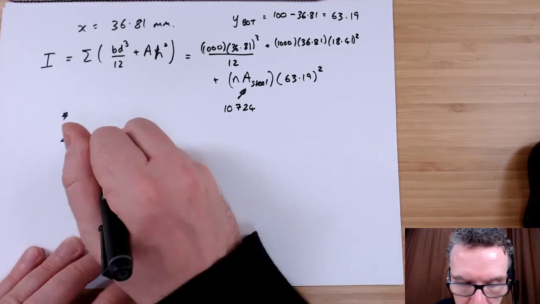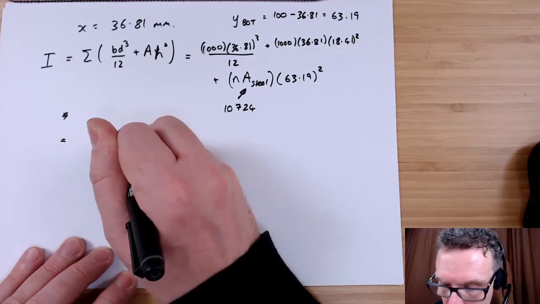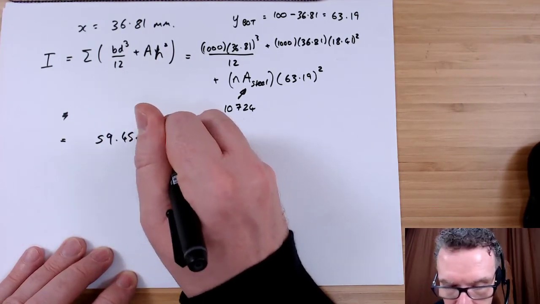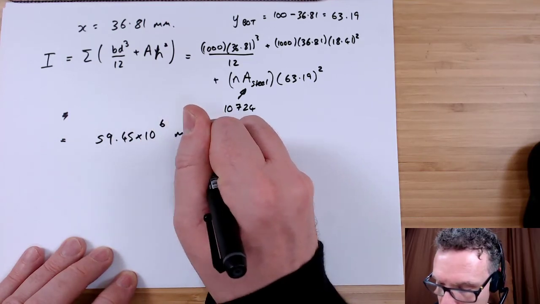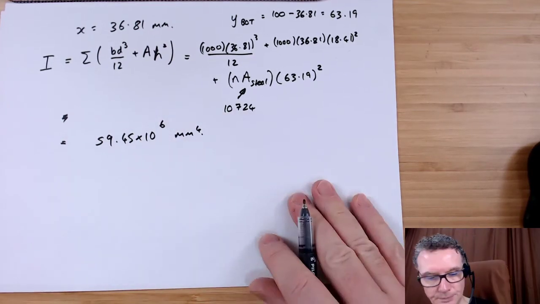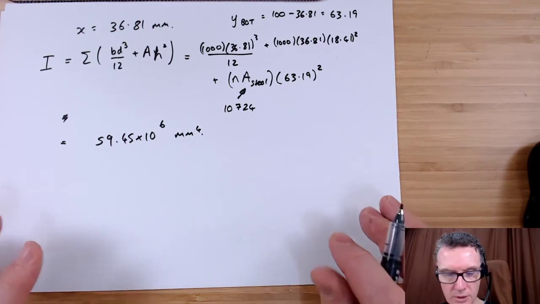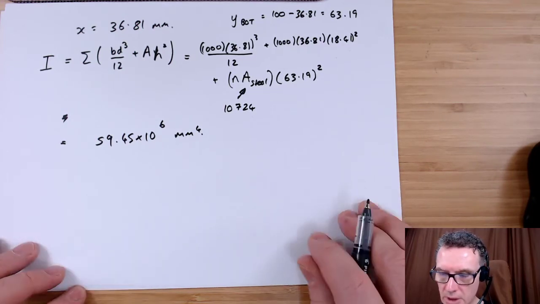So I make that to be 59.45 times 10 to the 6 millimeters to the power 4. Right, so I have now got my I.